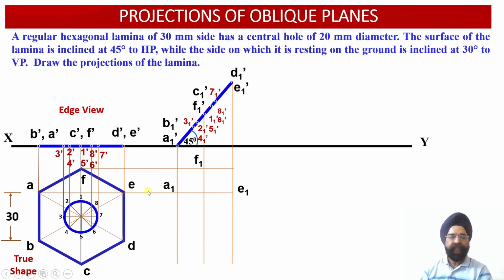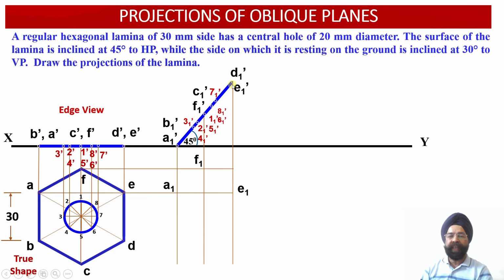So we can check this horizontal line drawn through A and E intersects with the vertical projector drawn through the point A1 dash at this position. So here we are able to locate the intersection point of this vertical projector line through A1 dash and the horizontal projector line which has been drawn through the point A. So we are able to locate the point A1 over here.